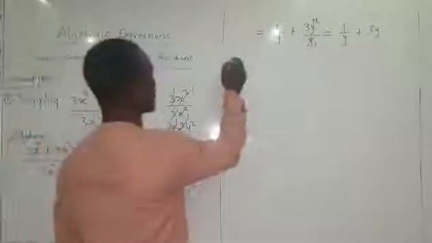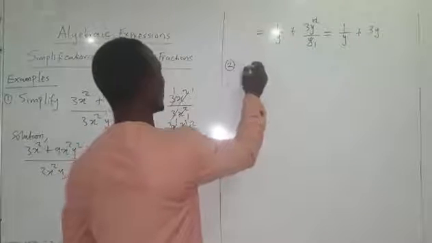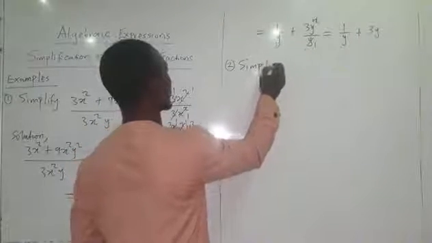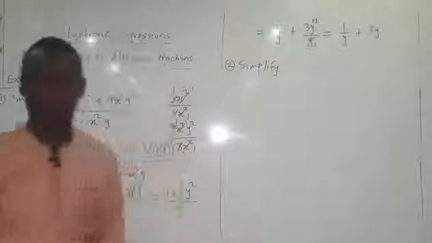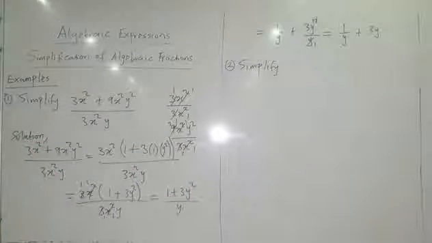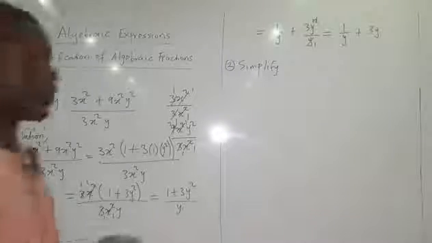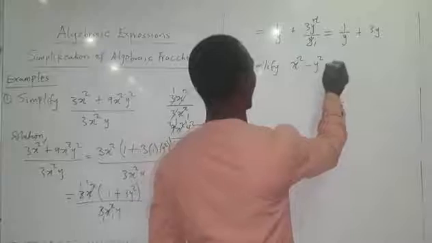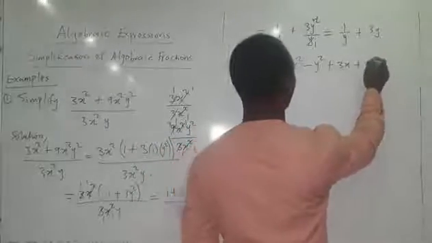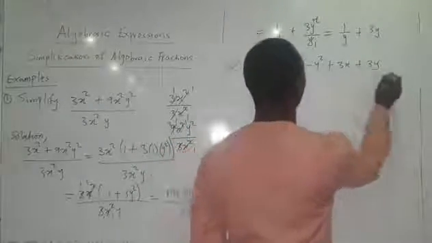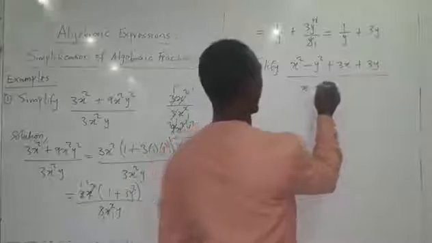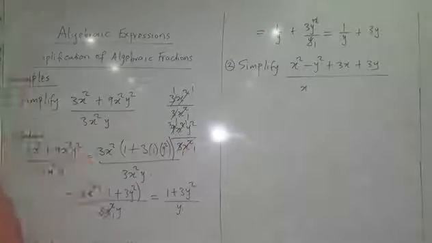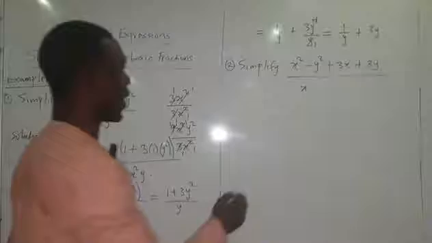Example 2: simplify x squared minus y squared plus 3x plus 3y all over x minus y plus 3.